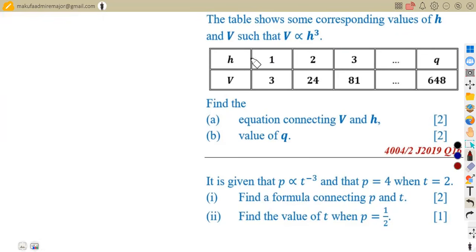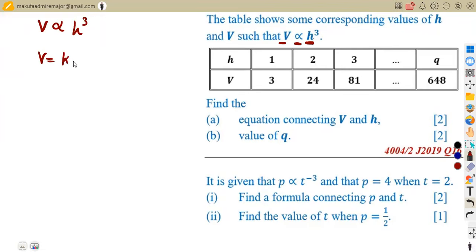All right, then on the other part, the table shows corresponding values of H and V such that V varies directly as H cubed, that is the cube of H. We are given the variation, how these are connected. So simply means from this variation sign that we are given, we can introduce a constant.